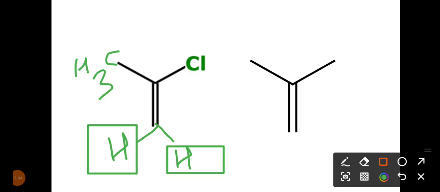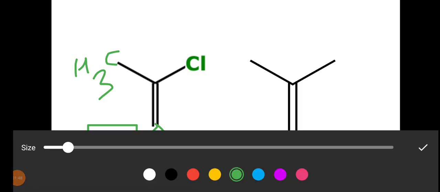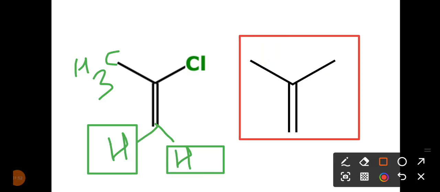Similarly, if chlorine is not there, then definitely the signals are different, because the two CH3 groups give one signal, and this one gives only one signal, so only two signals in this structure.